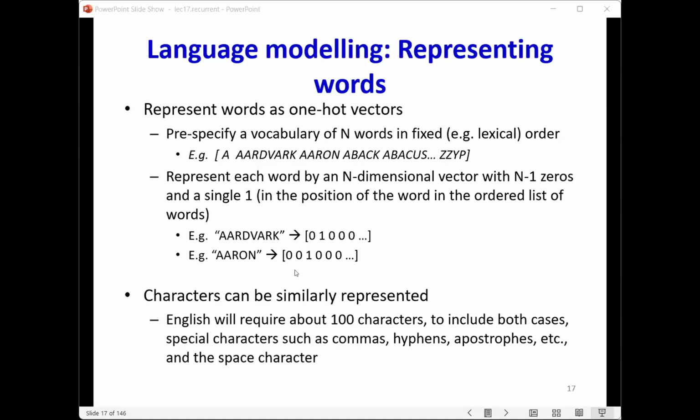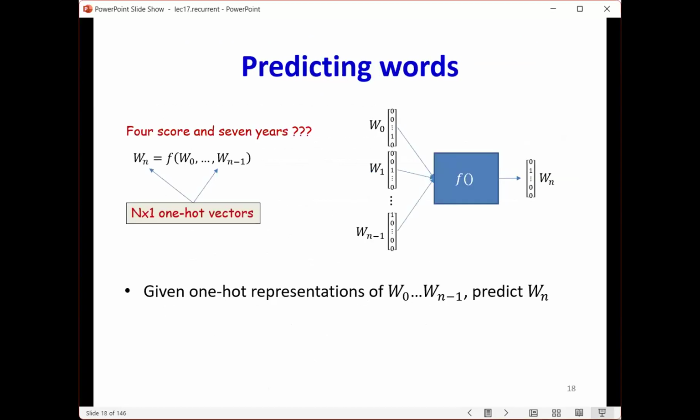You could do this with words, with word fragments, or with characters. If you want to model the probability distribution of character sequences, the vocabulary is just about 100 characters, so every character is going to become a one-hot vector of some 100 dimensions. Once you're past all of this, the problem is now predicting the next symbol in the sequence.